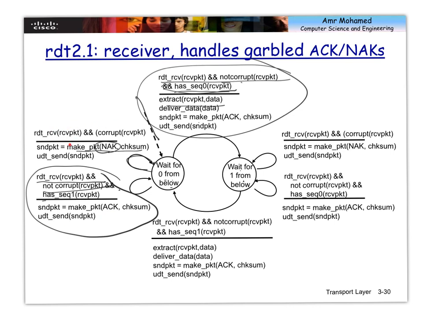I will send a negative acknowledgement, which again will trigger the sender to retransmit. The only way we can transition to the next state is when the packet arrives, there's no error, and the sequence number matches. Otherwise, we consider it a duplicate packet, and we discard. That's what it means.